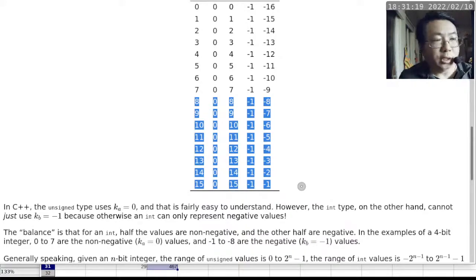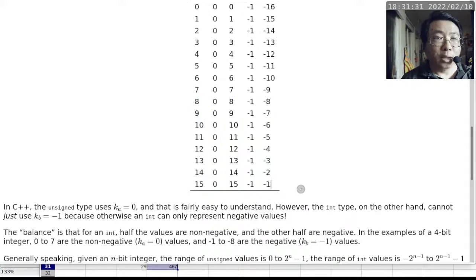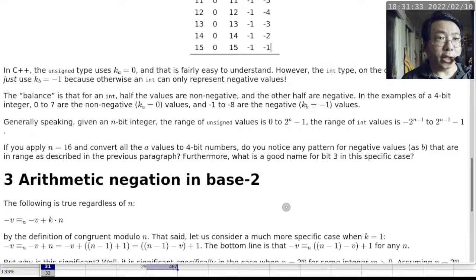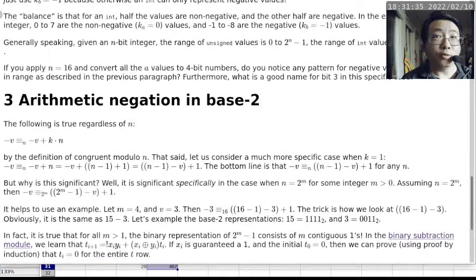So that's assuming you have a 32-bit wide integer. Now you can test it too. I mean, you can actually go into GDB and very quickly test whether that is the case or not. All right. So the balance point. Okay. So I'm just moving on to this paragraph here. The balance point is we use half and half, and the range.